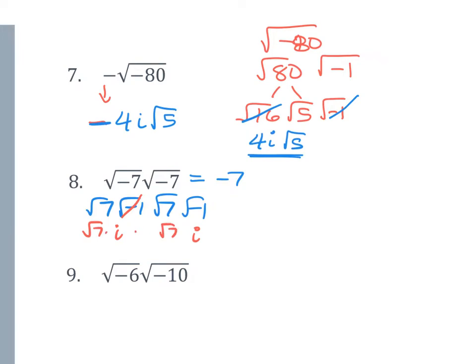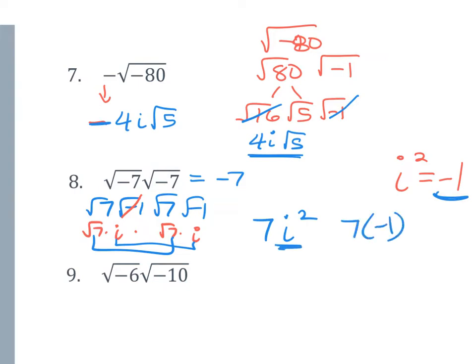If you recall from one of the first slides, i squared equals -1. So now if I multiply this back, I have a pair of 7s, so the 7 comes out, and then i times i is i squared, and i squared equals -1. So then I change the i squared to -1, multiply it, and I get -7.